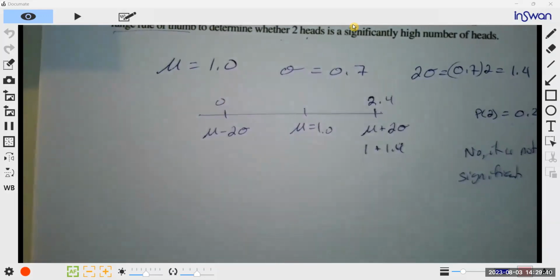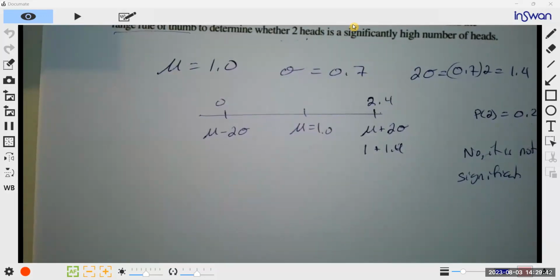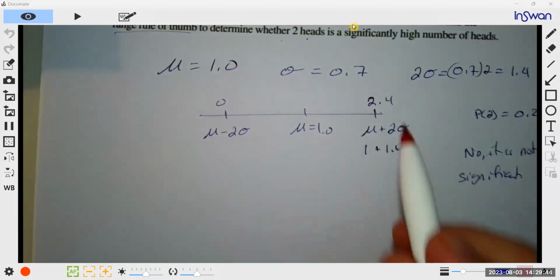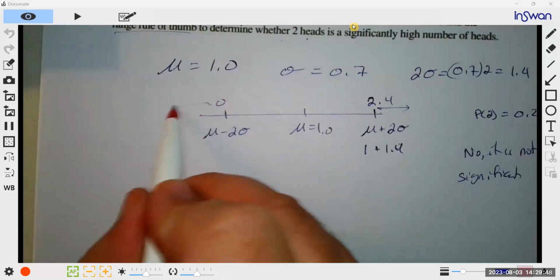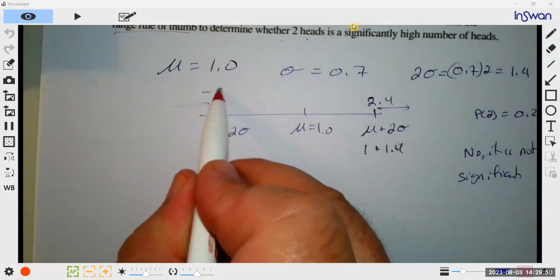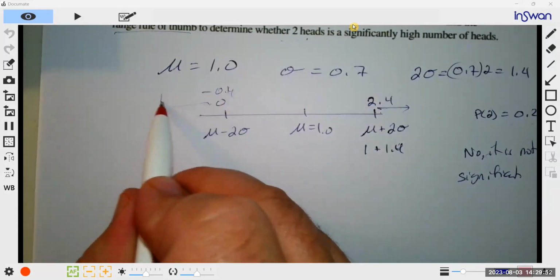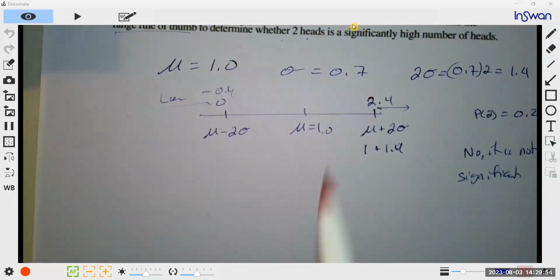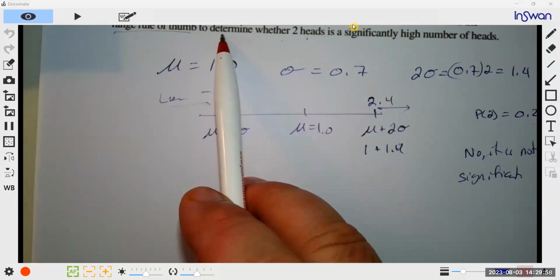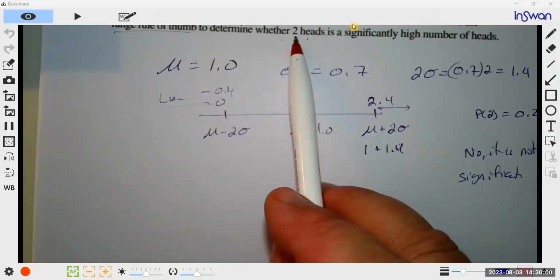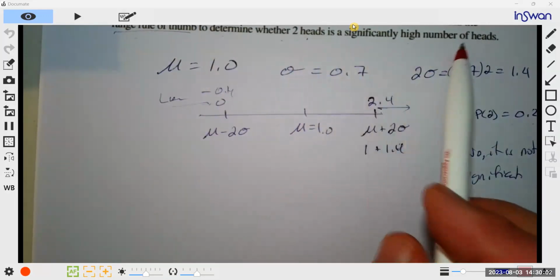All right, so that's how we're looking at it, because anything higher than that is significantly high, anything lower than negative 0.4 is significantly low. We're using the results and the range rule of thumb to determine whether 2 heads is a significantly high number of heads.